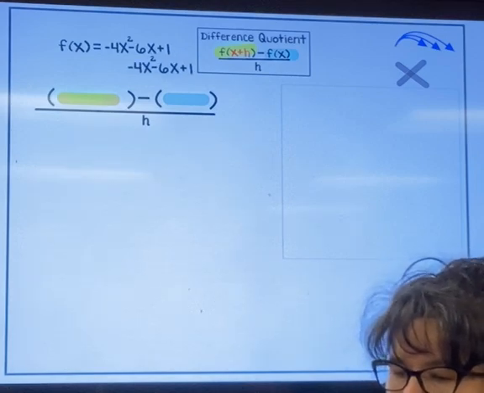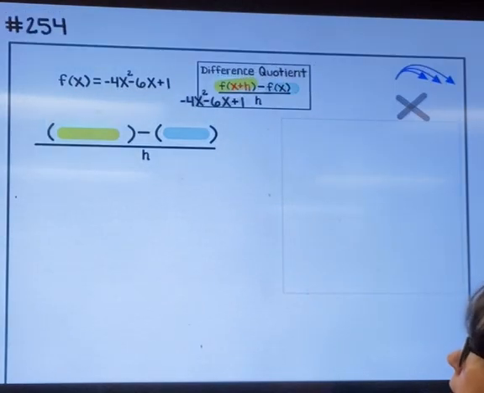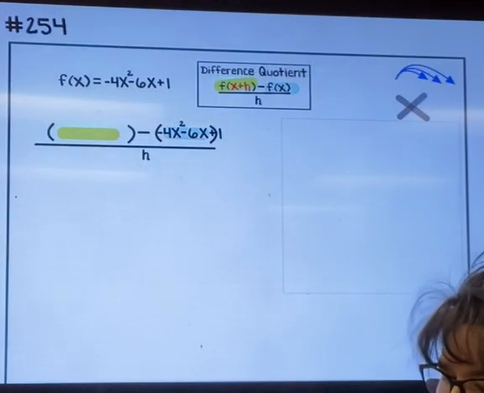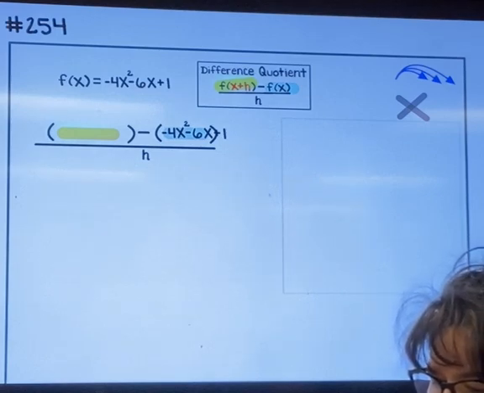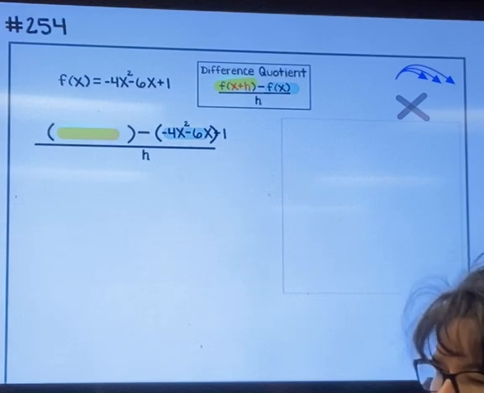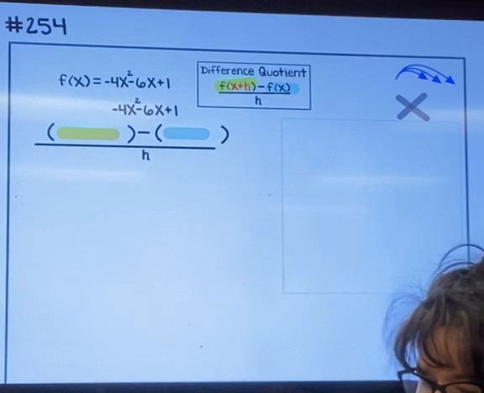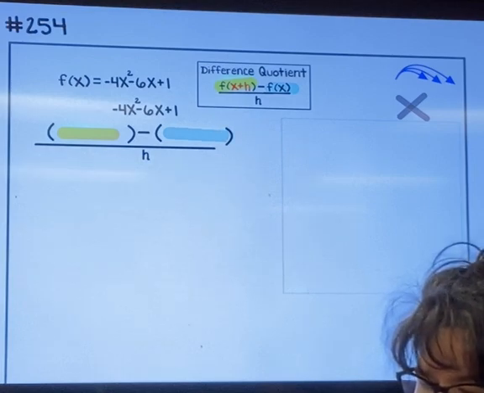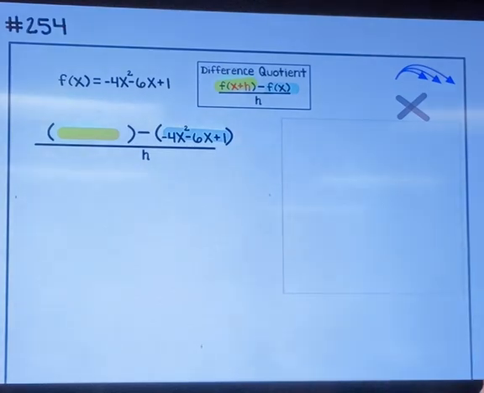I'm going to take this right here, f of x, and put that right in here. Okay, so let me just move that parenthesis over to make it a little longer. Okay, so there's that spot, that guy right there.